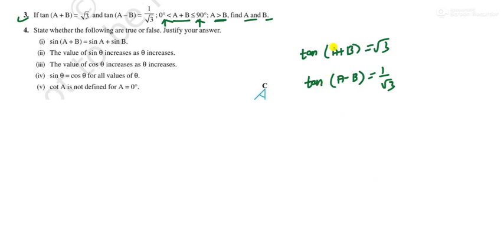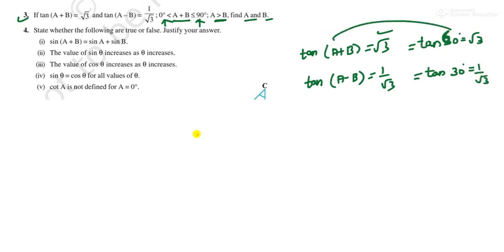Okay, so what value of tan is 30? We know that tan 60 degrees is root 3, and tan 30 degrees is 1 by root 3. It means what? They have given a plus b as 60. Correct? A plus b as 60 and a minus b as how much?